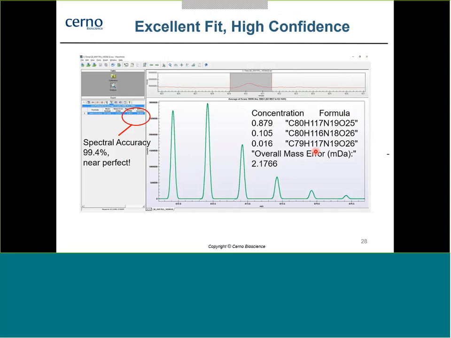And again, we get the quantitative information of about 90% native, about 10% deaminated, and a little over 1% of the oxidated form. Okay, really excellent fit. This is a really good method, an orthogonal method, to validate how well your method development in the accurate mass XIC peptide mapping is performing.